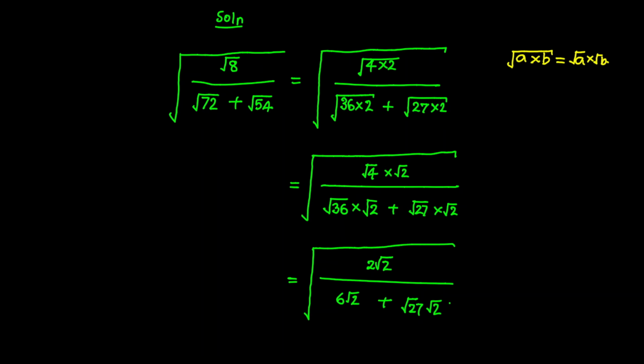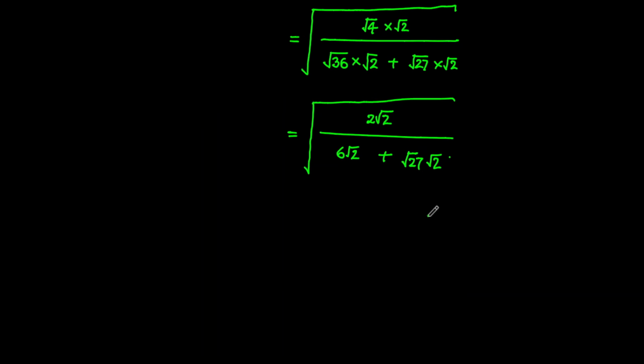And from here we can see that square root of 2 is common in both the numerator and denominator. So what we need to do is to factor out the square root of 2 from the denominator, and let's maintain still our numerator as 2 root 2. So here we have root 2 into 6 plus root 27.